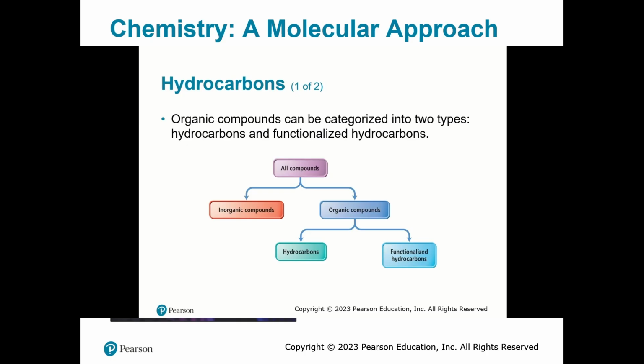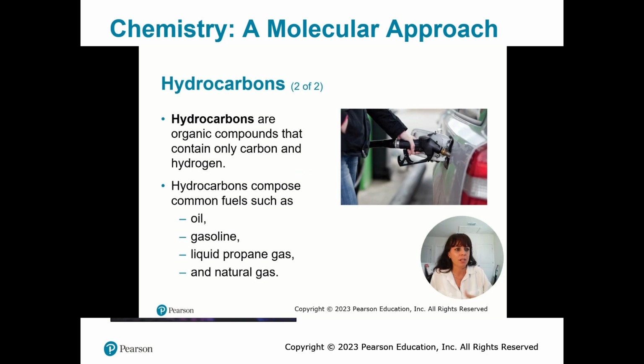Organic compounds can be categorized in 2 types. We have hydrocarbons and the functionalized hydrocarbons. What is that? Hydrocarbons are only carbon and hydrogen. They are organic compounds that contain only carbon and hydrogen, like oil, gasoline, liquid propane, and natural gas.